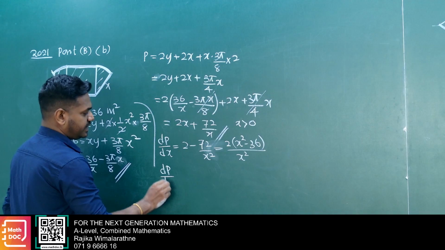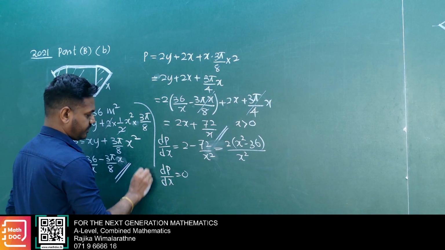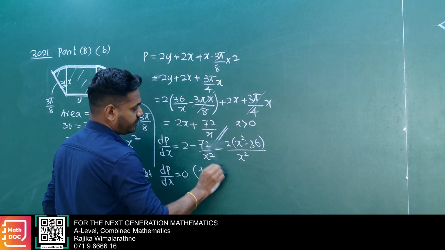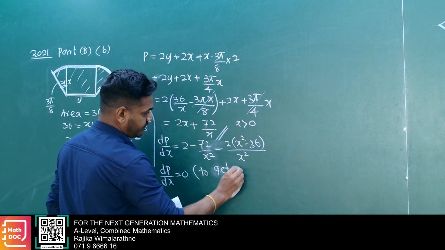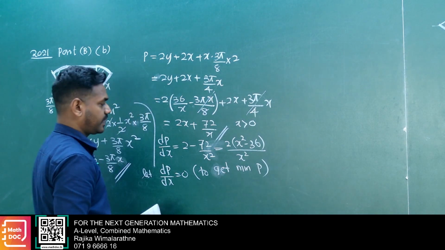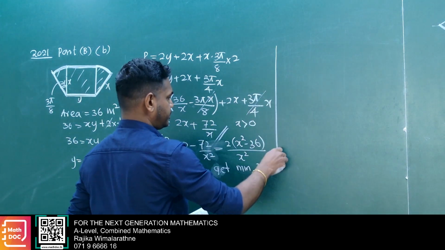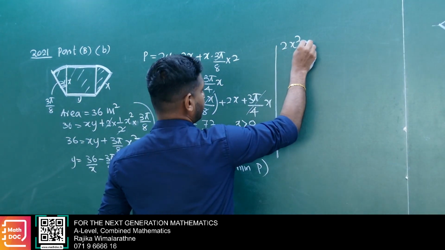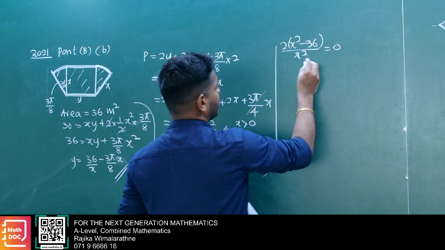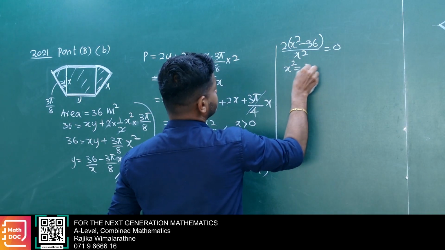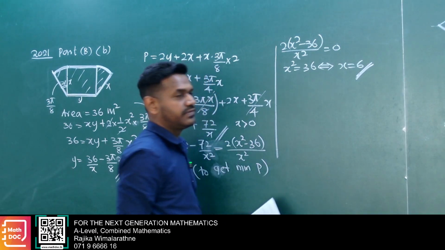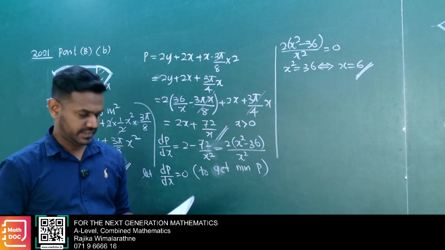Now dP over dx equals 0 to get the minimum P. Then x squared equals 36, x equals plus or minus 6, but x is positive, so x is 6 only.